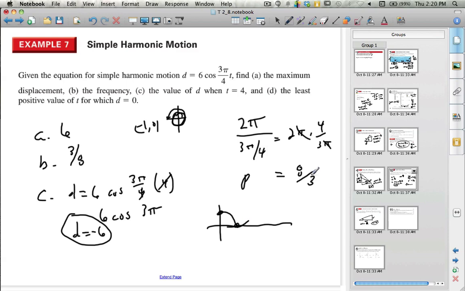If my period is 8/3, if I divide that by 4, 8/3 times 1/4, that would be 2/3. T is equal to 2/3.